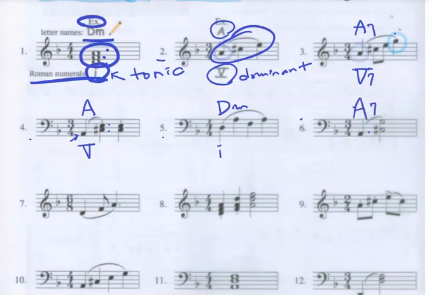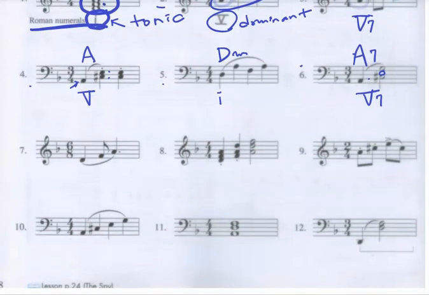A7 chord and also called 5-7 chord, but in this case, the 5th note, E, is omitted, right? So you can omit the 5th. It actually happens very often in classical music. So it's okay with or without the 5th.